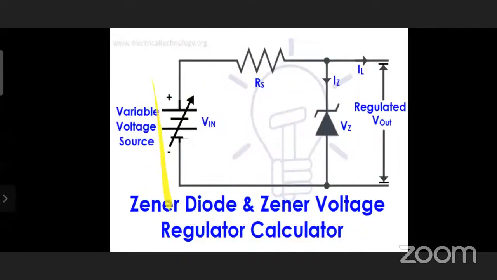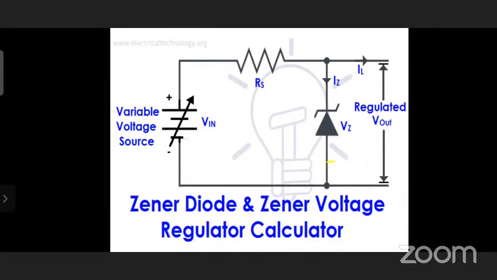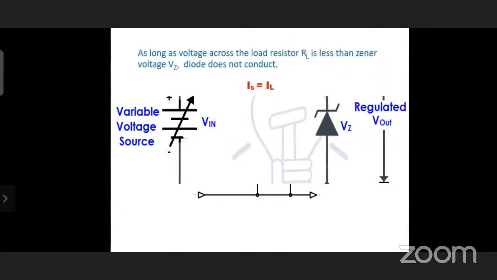Here we can see the circuit diagram. The load resistance is connected parallel to the Zener diode and the series resistance is connected in series. This is our variable voltage source and this is the regulated output voltage.